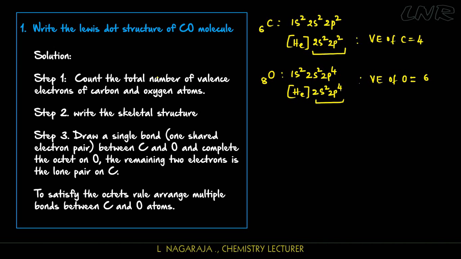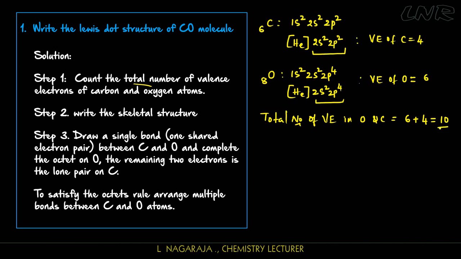So the first step is to count the total number of valence electrons present in both the carbon as well as the oxygen. The total number of valence electrons in oxygen and carbon equals the number of valence electrons in oxygen, which is 6, plus the number in carbon, which is 4.